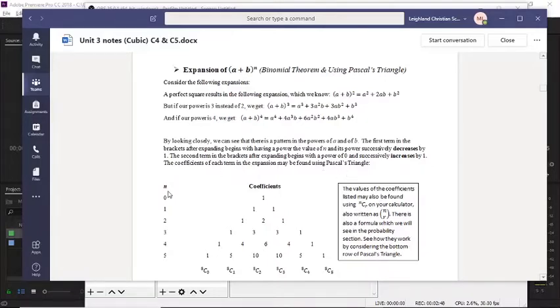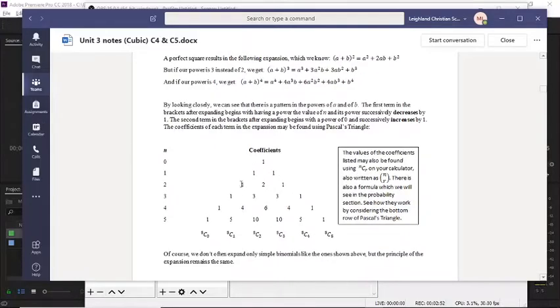This is Pascal's triangle. If you're not familiar with it, the pattern we can see is that going down the triangle's sides, they're all 1s. The next diagonal goes 1, 2, 3, 4, 5, and it goes this way as well.